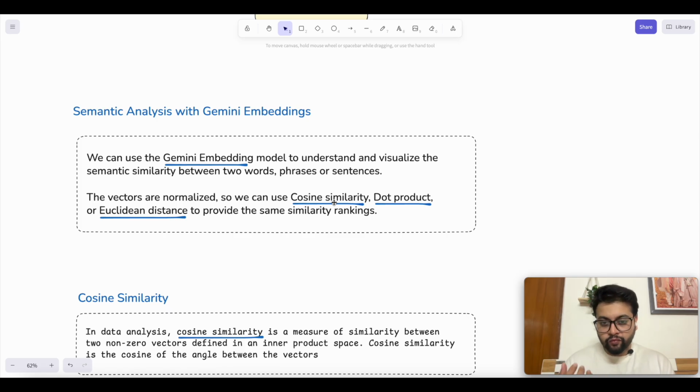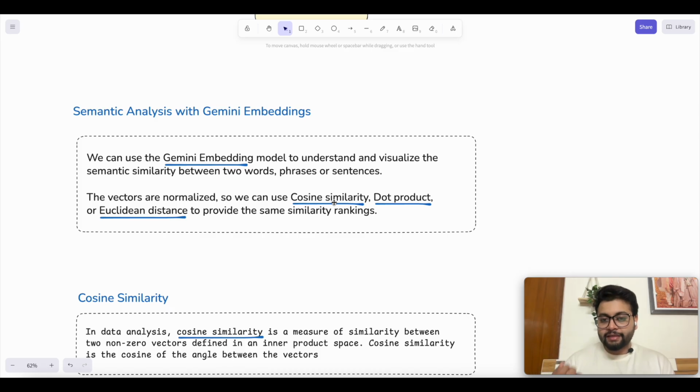Suppose you get the vector embeddings from the Gemini embedding model for two phrases, and then you perform cosine similarity between these two vector embeddings, and you get a very high similarity score.